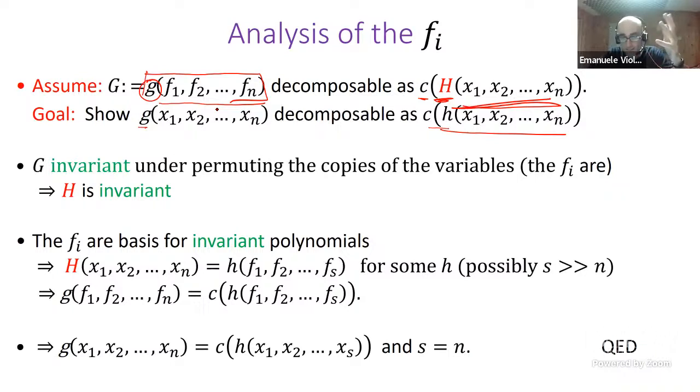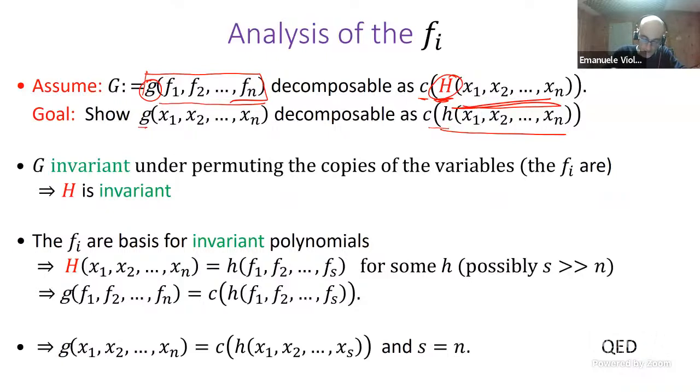This is for trivial reasons, because my F_i, if I permute the copies, do not change, because they are defined as the sum of the copies. And so even this polynomial here, the composition of G with the F's, is invariant. So if you permute the copies of the variables, you don't change the polynomial. So, using this, you can show that if you could decompose it, even this polynomial H would be invariant under permuting the copies. This is a step.